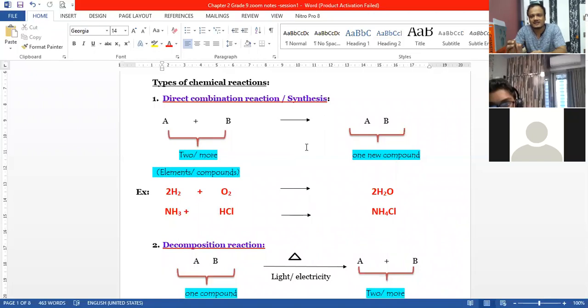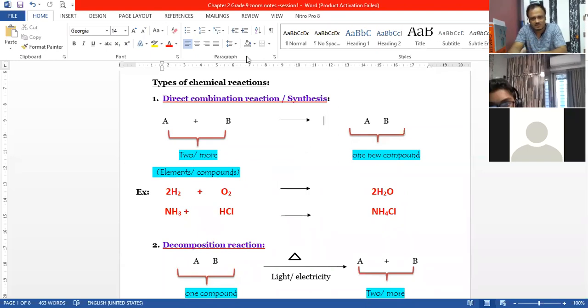It is when two elements come together and form a compound. So for example, iron and sulfur come together and form iron sulfide. That is a synthesis reaction. It is basically the same because synthesis is actually a part of direct combination reactions.